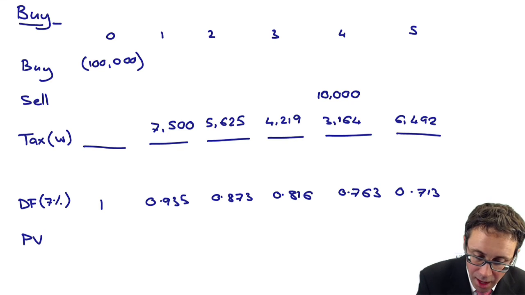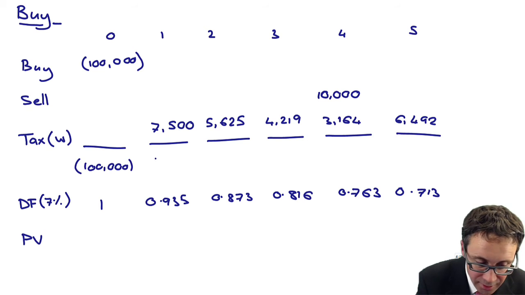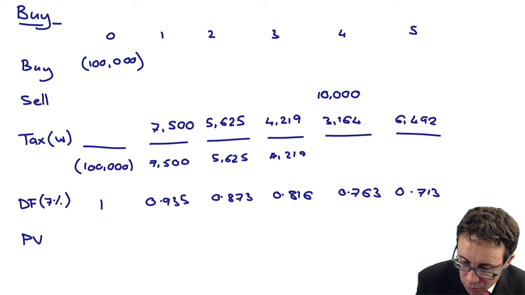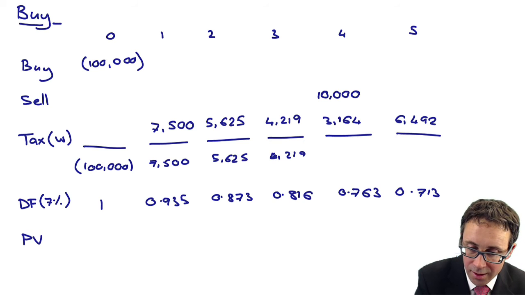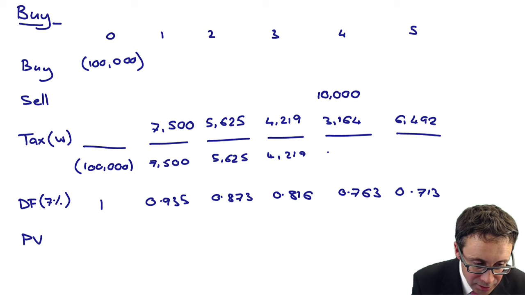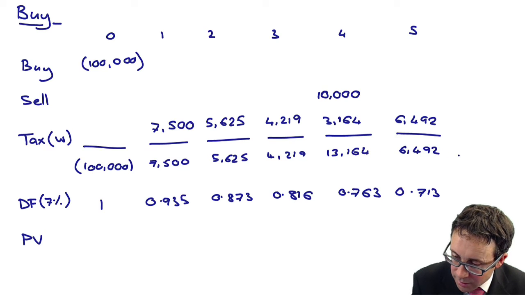Net them all off: 100,000 at T0, 7,500 at T1, T2 is 5,625. Again, it's a bit repetitive, so you may wish to take shortcuts in your exam and not write it out so long-handed. Then 13,164 and 6,492.